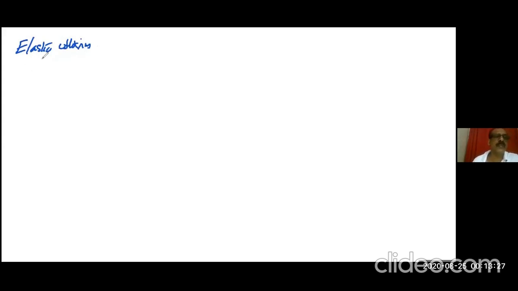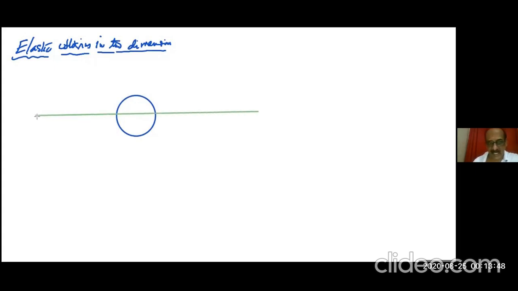Elastic collision in 2 dimensions. Look here. Draw the diagram. This is now the target. This is the reference line along the x-axis. This line is also the x-axis.